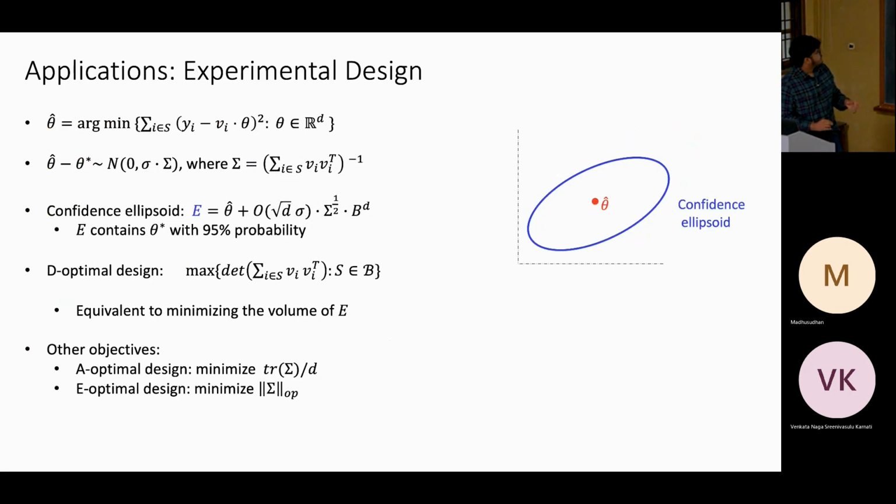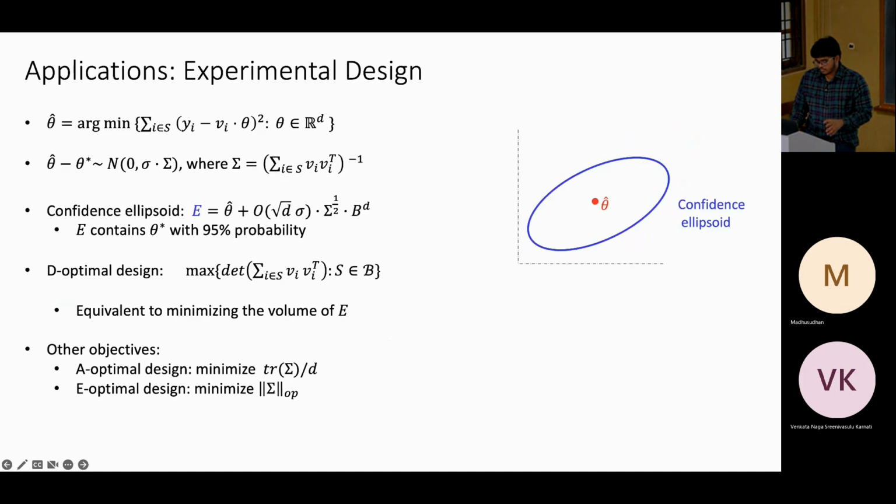And you can have other notions of accuracy. You can say I want to minimize the average variance, and that's the trace, or you want to minimize the width of this ellipsoid, which is the length of the longest major axis. That will be minimizing the operator norm.